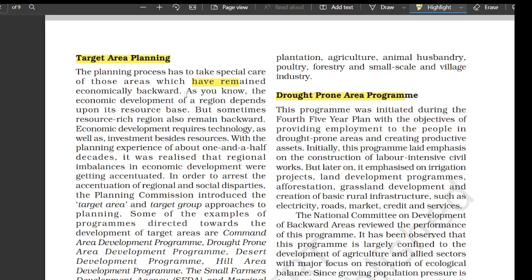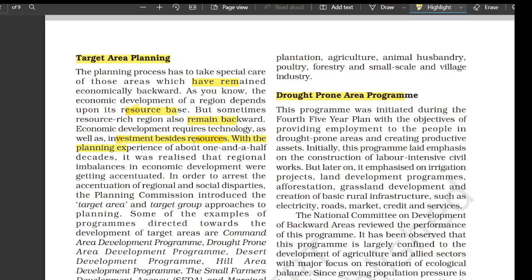As you know, the economic development of a region depends upon its resource base, but sometimes resource rich regions also remain backward. Economic development requires technology as well as investment besides resources.